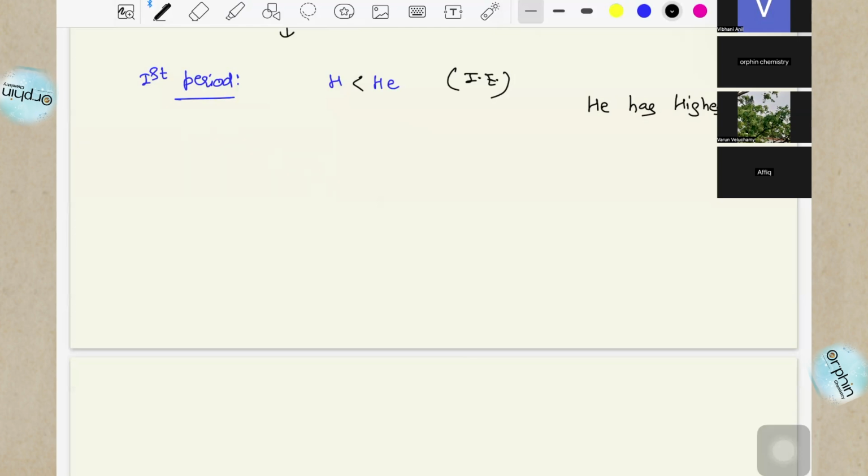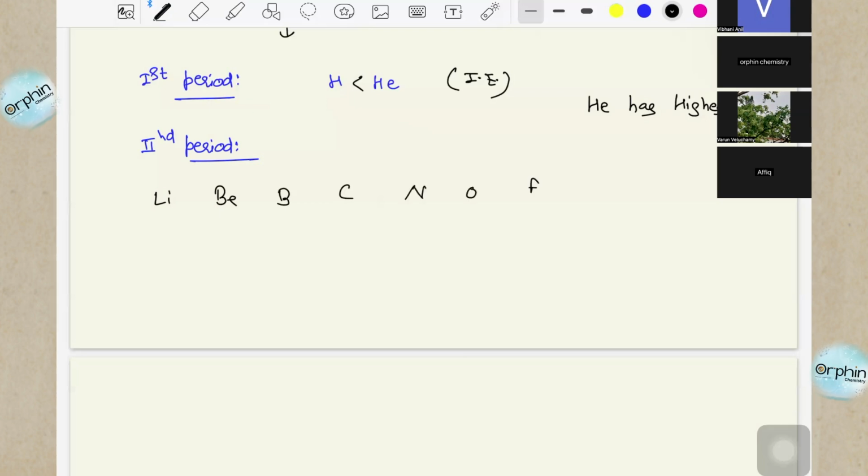Okay. Second period. Let's move on to the second period. Now, if we are moving on to the second period, then we can see the elements lithium, beryllium, boron, carbon, nitrogen, oxygen, fluorine, neon. These are the elements here.